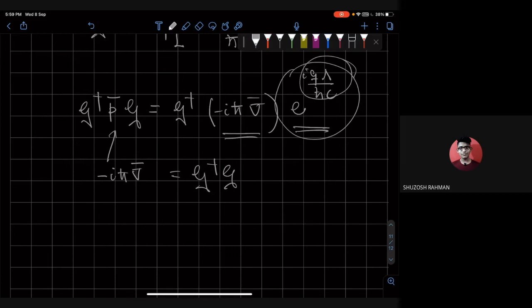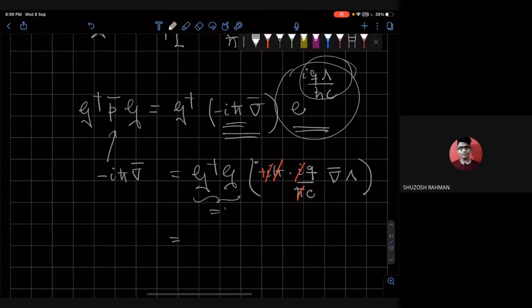And then I have minus i h bar from here. And from the exponent, I'm going to get i Q by h bar c gradient of lambda. But here, h bar is going to cancel h bar, i squared is going to give me a plus sign, and G dagger G is going to be 1.